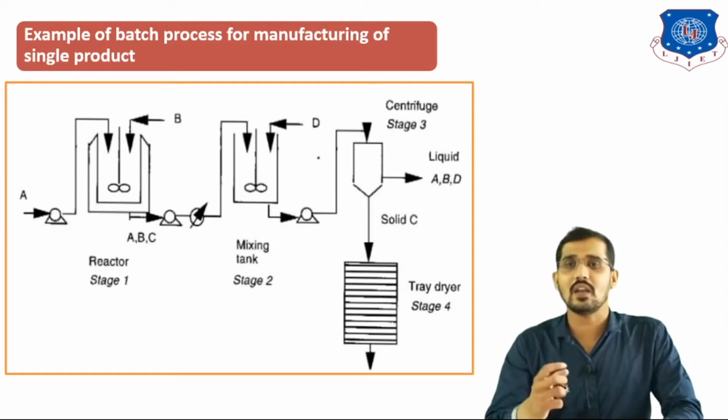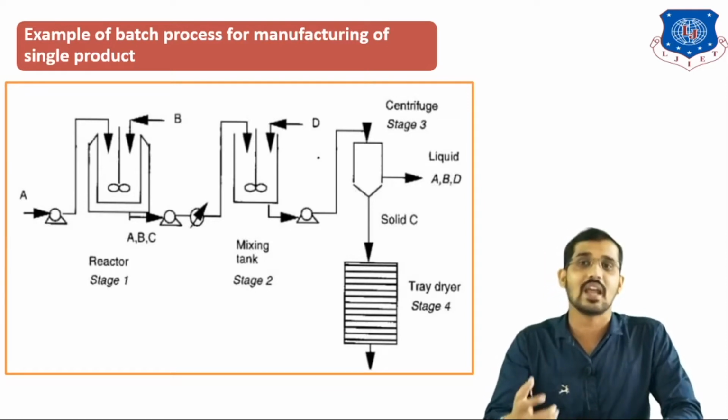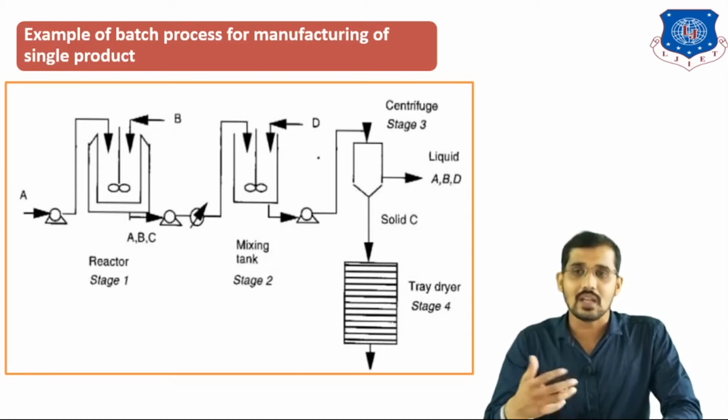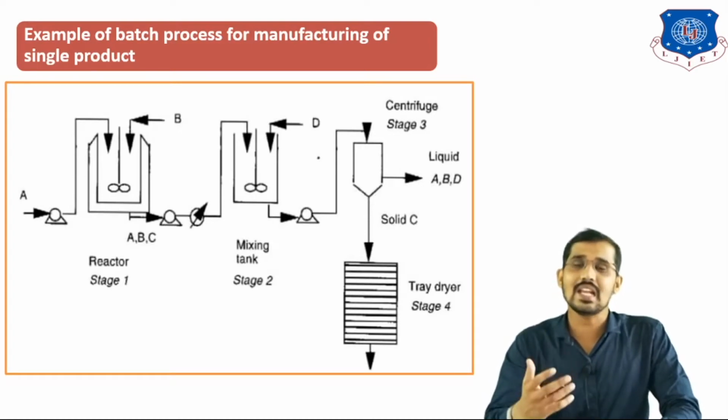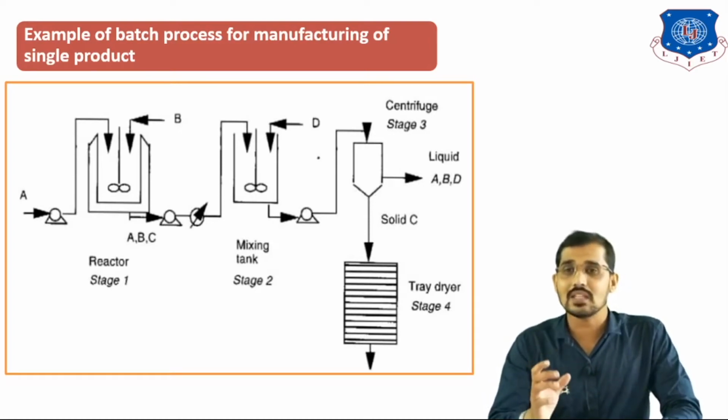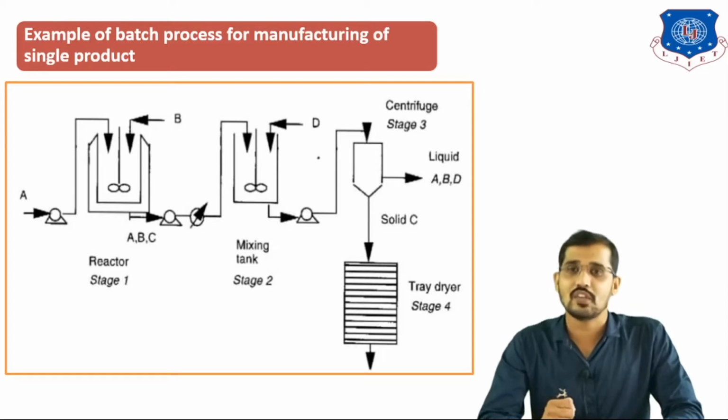We are using the tray dryer to increase the efficiency of the drying; if we increase the number of trays we can increase the efficiency of the drying. In the next slide we will see the recipe, or procedure, for this manufacturing process.